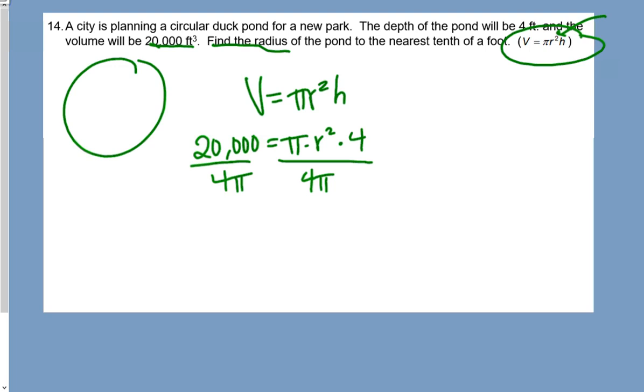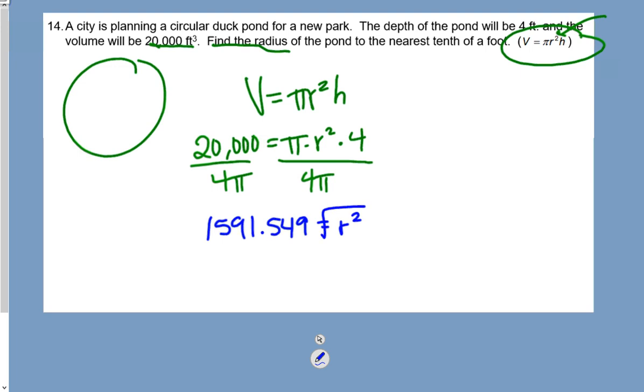So I'm going to go ahead and use my calculator here. 20,000 divided by 4 pi, which the pi key on your calculators is down at the very bottom in yellow, so you can use the shift key. And I get 1591.549, and that's equal to r squared. But I'm still trying to find just normal r.